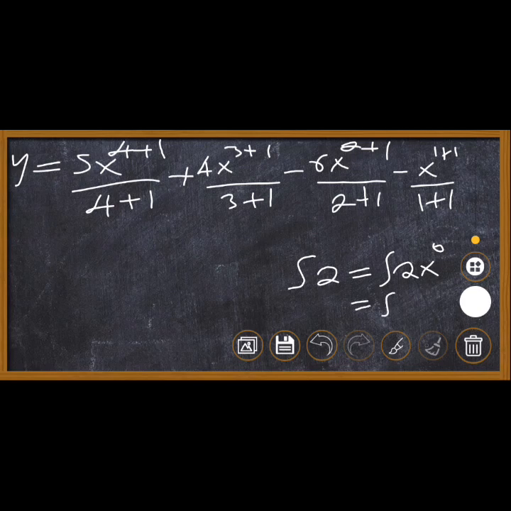So this is the same as 2. Now what is 2 multiplied by 1? Of course it's simply 2. So whether you have this or you have this, it's just the same thing, since x^0 is simply 1. So whether I write this or that, it does not affect anything.